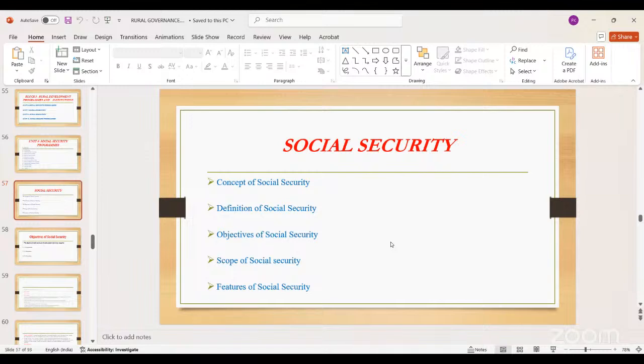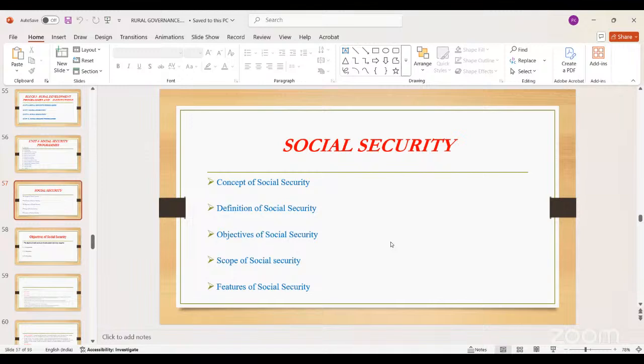Then another is these programs are for needy persons like retired, unemployed, old, disabled. Okay. Then the aim of social security is to facilitate needy persons to have at least a normal life.